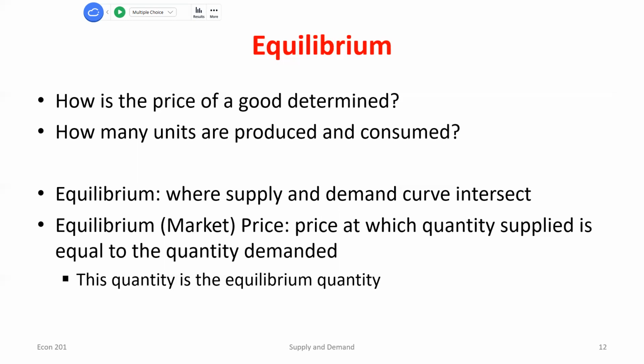kind of the exact opposite would work if we had prices that were set below the equilibrium. So let's say we had the exact opposite going on. We've got supply, demand, quantity, price.